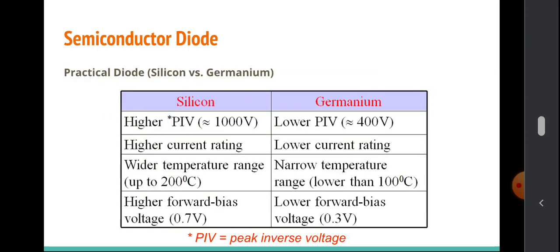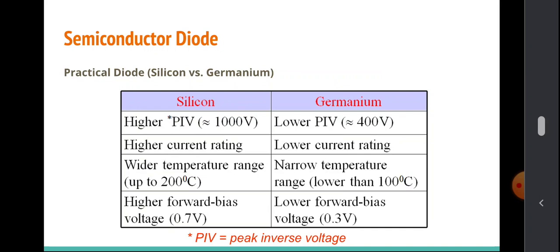If we look at their characteristics, silicon has a higher voltage rating, up to 1000 volts, and for germanium, 400 volts. Silicon has a higher current rating, and germanium a lower current rating.